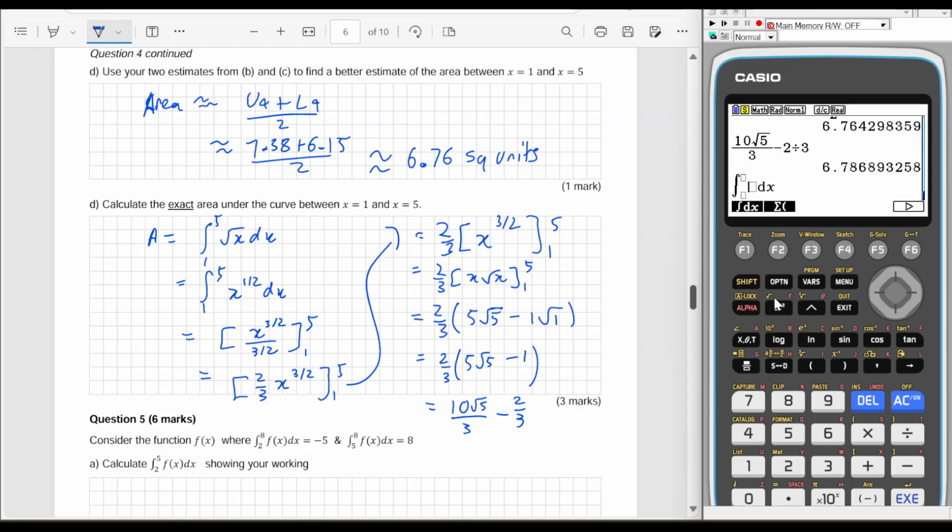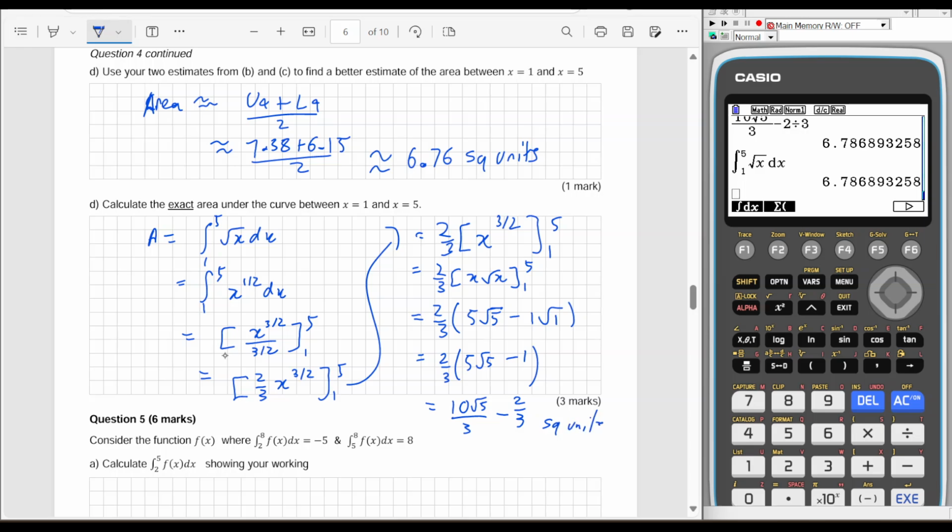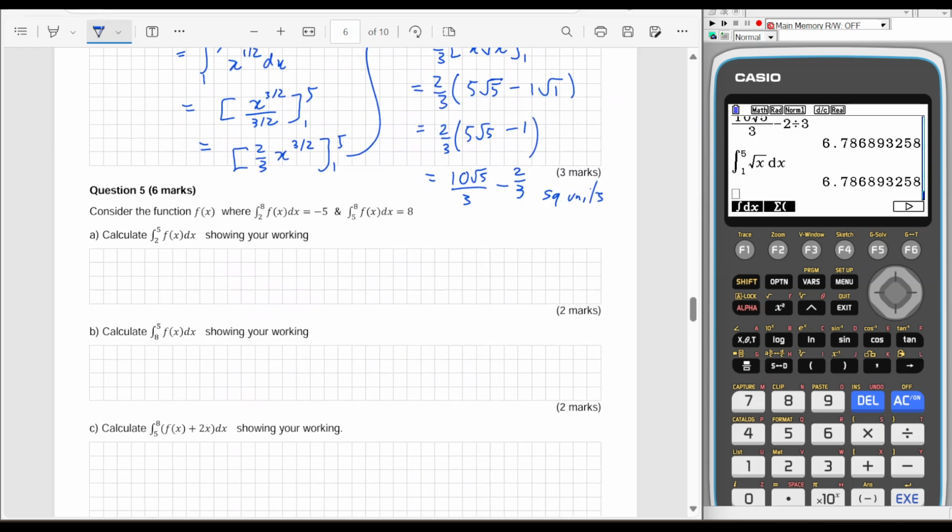So it was root x from 1 to 5. And if I do this, I should get exactly that number. Yeah, I do. So that's good. And we just need square units. Now, since they were asking for the exact area, no approximates, I want 10 root 5 over 3, take 2/3. Really important.